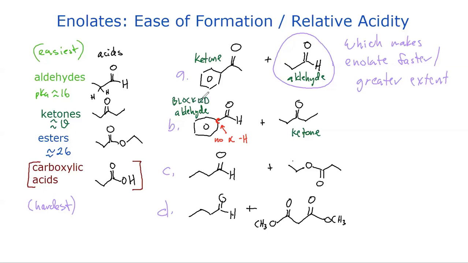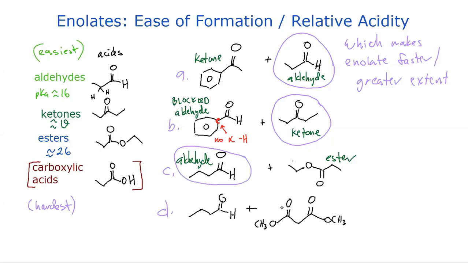It cannot make an enolate because to make an enolate, you have to give up an alpha hydrogen. If you have no alpha hydrogen, no enolate. So in this case, the ketone would actually be the only one that could possibly make an enolate. When we consider an aldehyde versus an ester, then the aldehyde again is going to make the enolate more readily than the ester will.